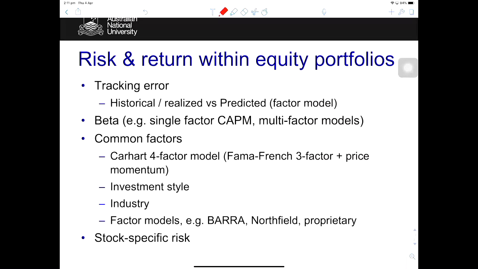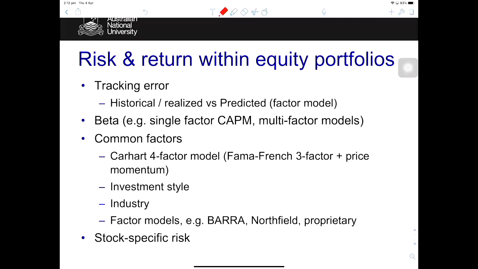They are, to some extent, under constant pressure to beat the beta or factor model.